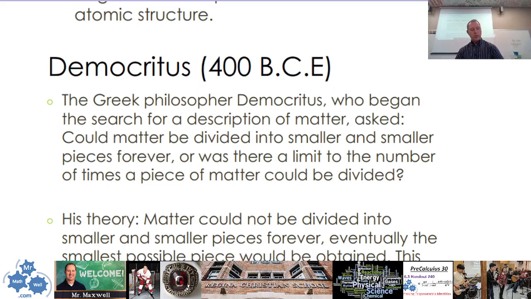Okay, so here's Democritus. We are going to talk a little bit about Democritus, the guy I mentioned here. About 400 BC, the Greek philosopher Democritus, and I guess you got Democritus for a fill in the blank there, who began the search for a description of matter, asked, could matter be divided into smaller and smaller pieces forever?